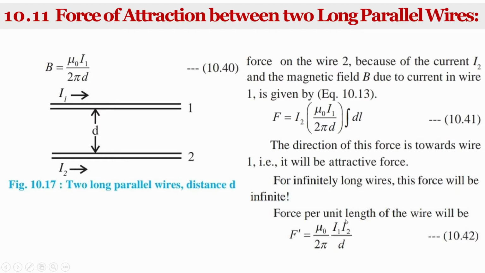That is the formula for force per unit length of the wire. This force is also denoted by F21, meaning the force exerted on the second wire due to the current flowing in the first wire.